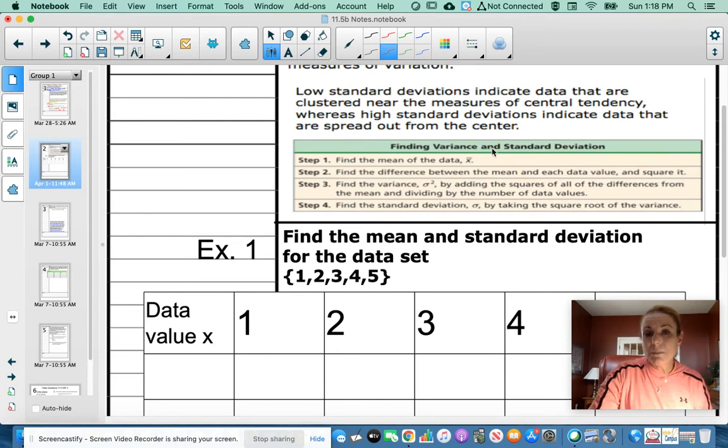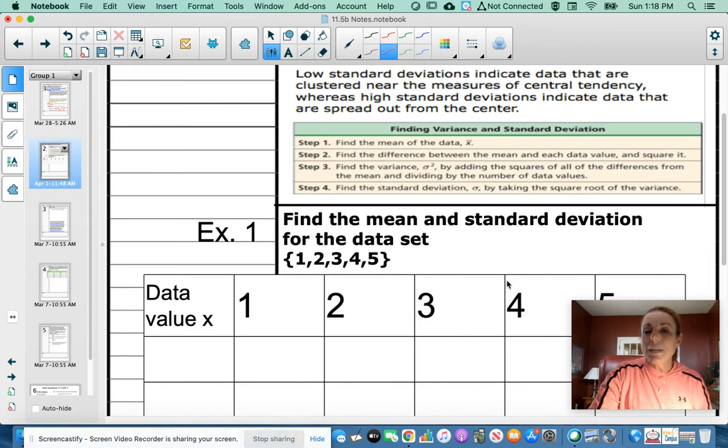There are steps that we are going to follow. We're going to find the mean of the data. We already know how to do that. Then we're going to look at each of our data values in the data set and look at how far away they are from the mean. So we're going to look at the difference between the mean and each data value and square it. Why are we squaring it?